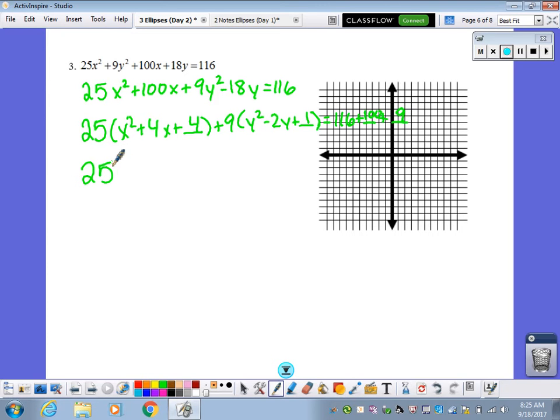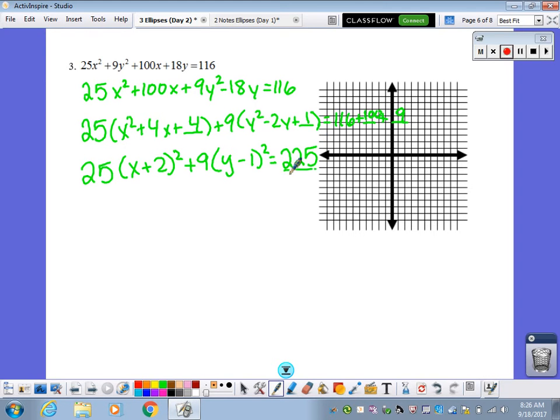We get 25 times x plus 2 squared plus 9 times y minus 1 squared. So we square root this number, which gives us this. We take this sign, which gives us this. This is equal to 116 plus 100 plus 9, which is going to be 225.